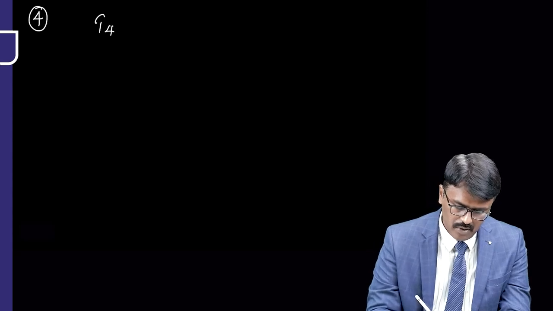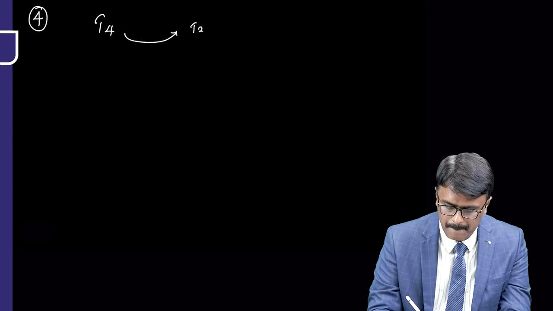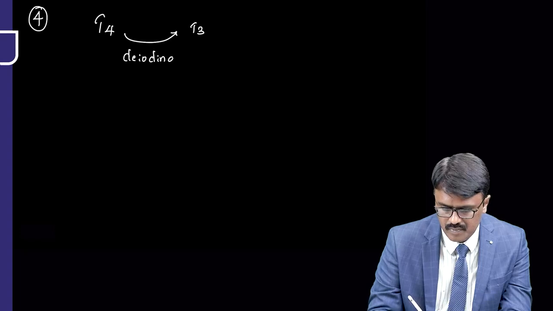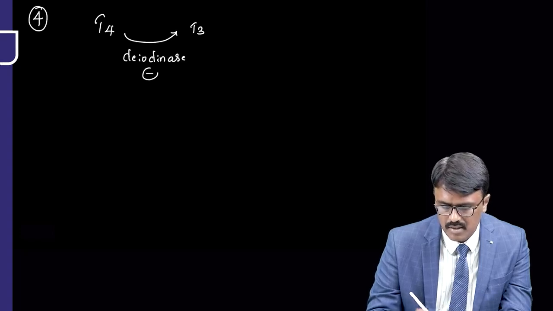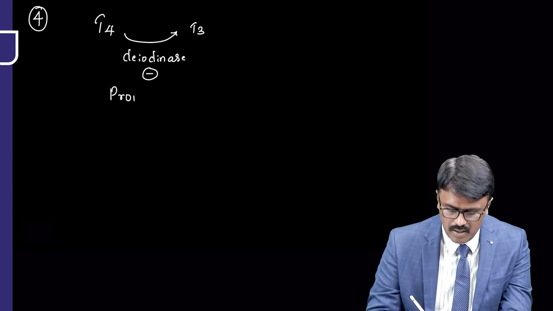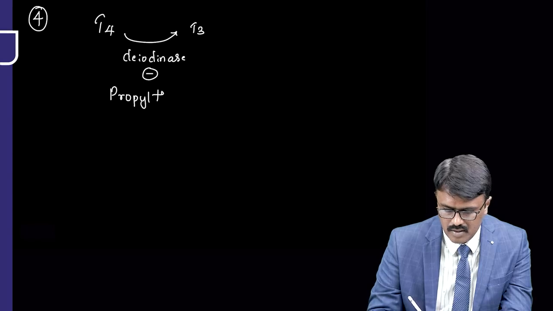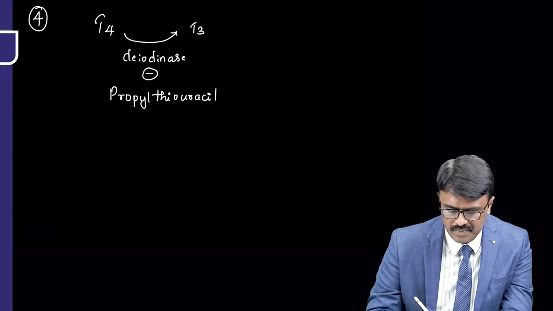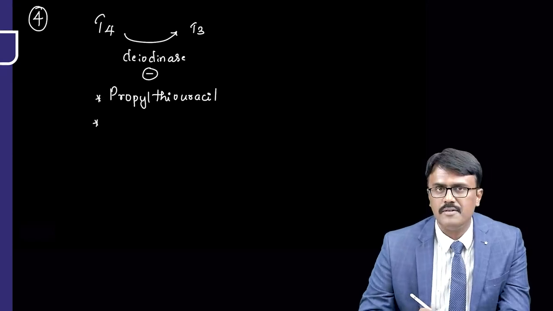The fourth important antithyroid drug we are going to discuss acts in the periphery. T4 is converted into T3, and the enzyme is called deiodinase. That enzyme is inhibited by certain drugs, and we already know propylthiouracil. So we understood that already.